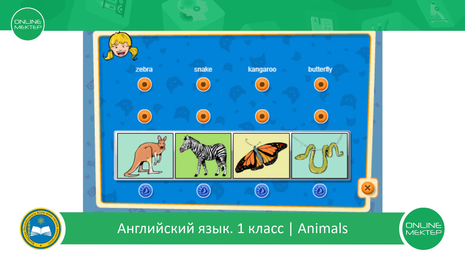Соедини слова с картинкой. Number 1. Zebra. Where's the zebra? Great. Number 2. Snake. Can you see a picture of a snake? Fantastic. 3.